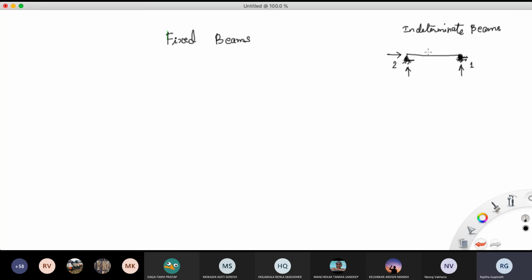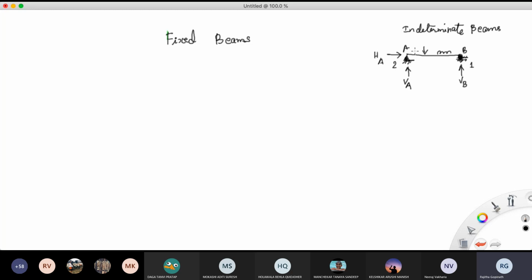If I have a load acting on this, like a UDL or a point load, I want to find the reaction at A and at B. Let's say this is VA, this is VB, and this is horizontal HA.